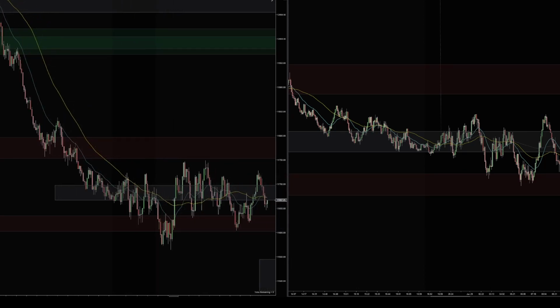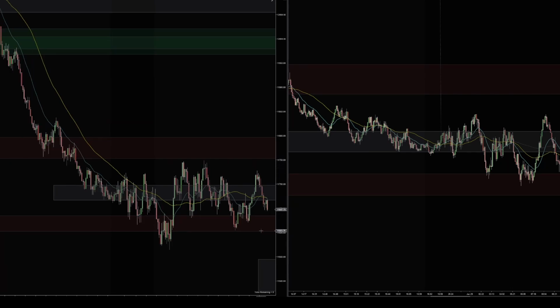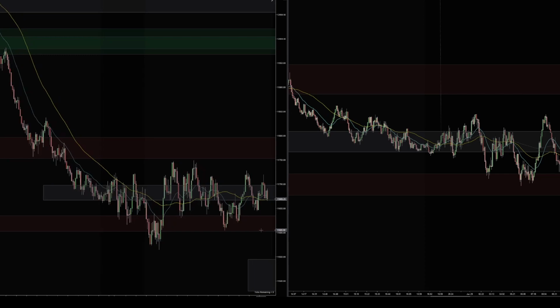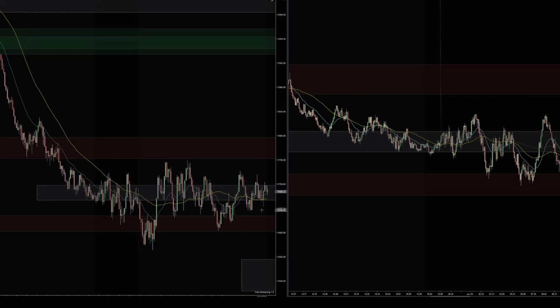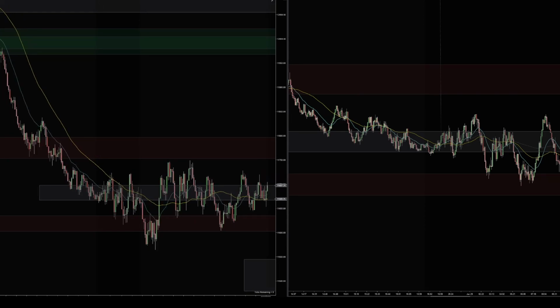You see how the price is dancing around the range zone here, making waves. And this is the end of that price action that day at 4 p.m.